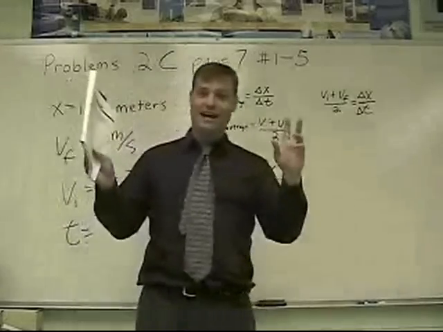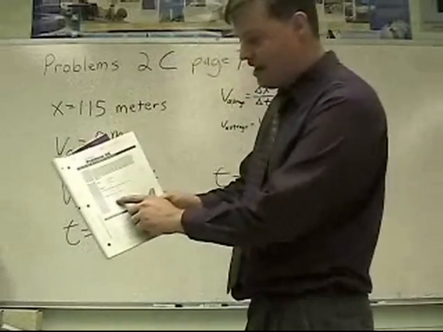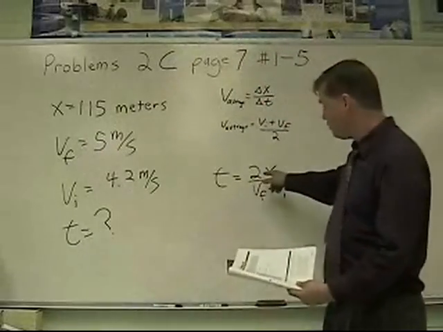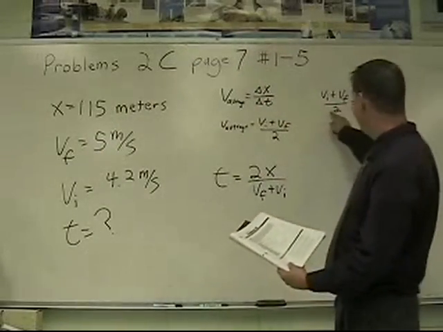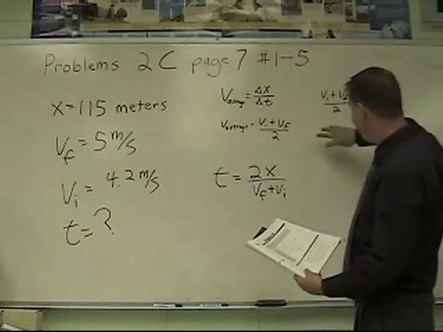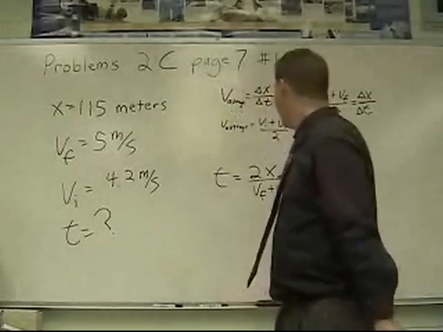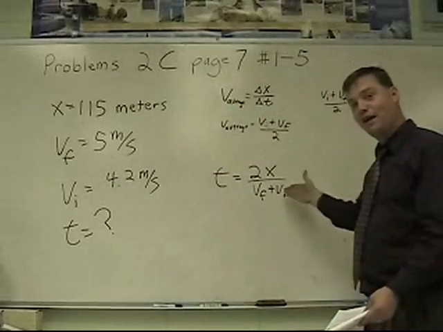Or, using algebra once again, we see that they give us the equation delta t is equal to 2 times x divided by, flip it over, crisscross, vf plus vi.